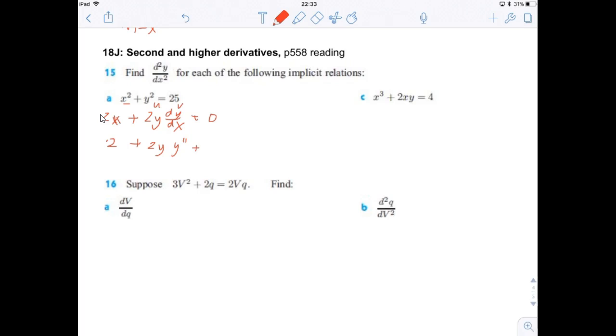And then we would add that to u dash, which would be the first derivative of y, and then we would just write down the v itself, which would also be the first derivative of y. And the derivative of 0 would just be 0. So now what we get is 2 plus 2y y double dash plus 2 y dash squared.